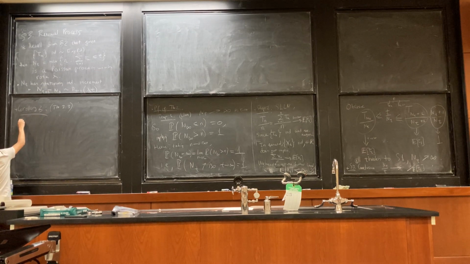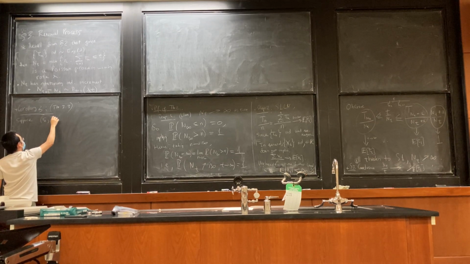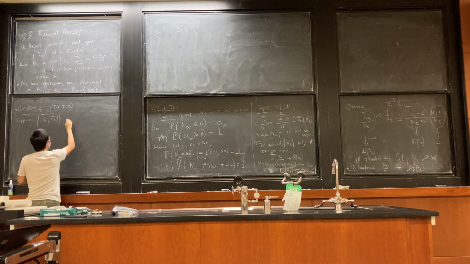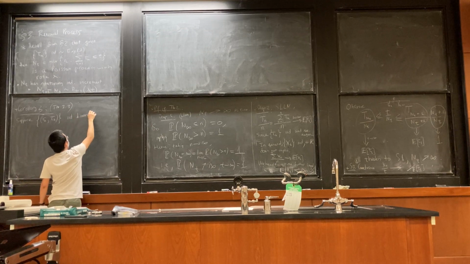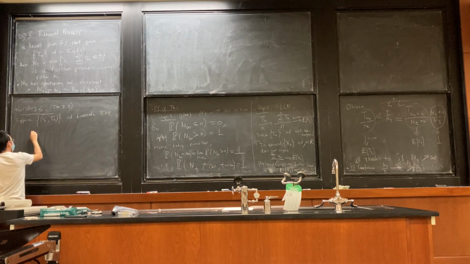Suppose I have this collection of random variables, R_k and tau_k, i.i.d. bivariate random variables, okay, where assuming what?